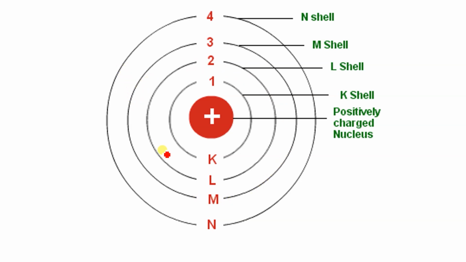The first, which is very close to the nucleus, was termed K. After that it was L. The first orbit was named K, the second orbit was termed L, the third orbit or shell was termed M, and the fourth orbit or shell was termed N. Shell and orbit are both the same thing. Niels Bohr gave certain postulates, which I'm going to explain one by one.